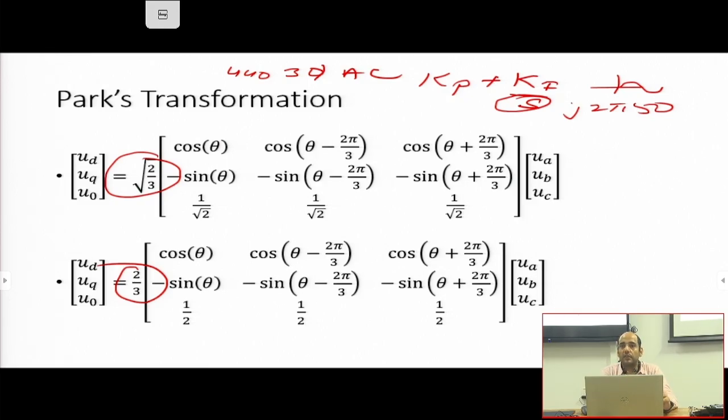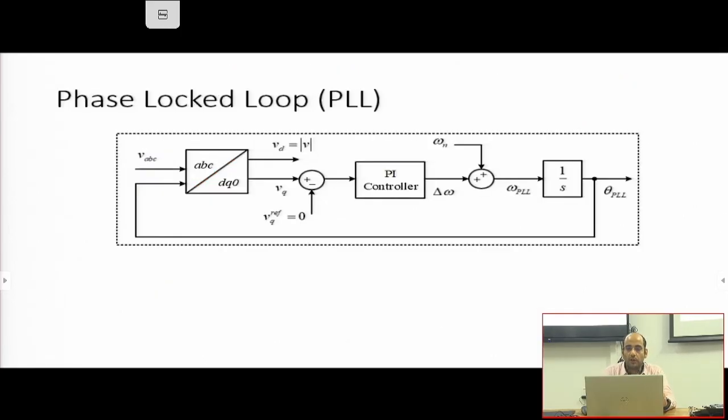You need a variable theta. What is this theta? This theta is the reference angle, and it has to be provided. So in a grid connected mode or a grid following mode, we use a phase lock loop, a PLL, and we convert the ABC to DQ.